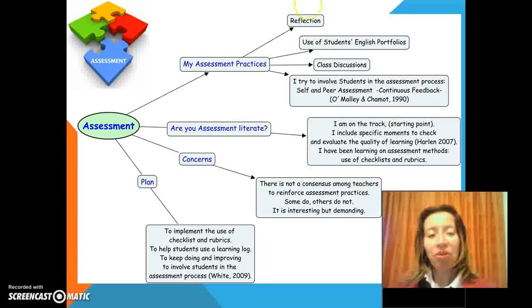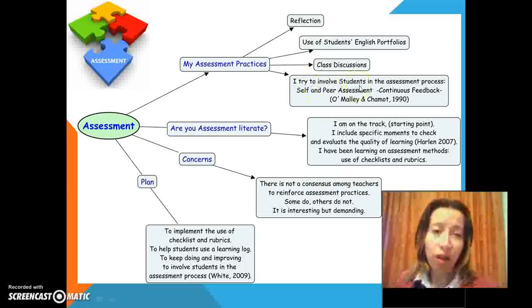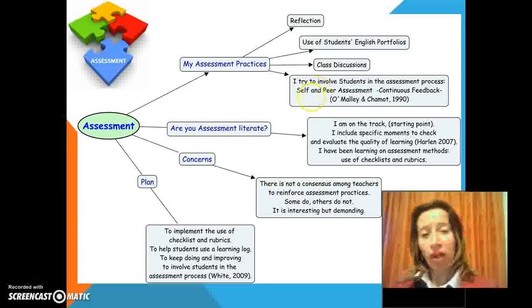It has been interesting. Through those practices, my idea is to involve the students in the assessment process through self and peer assessment to have a kind of continuous feedback.